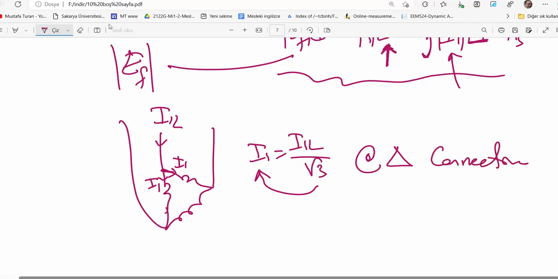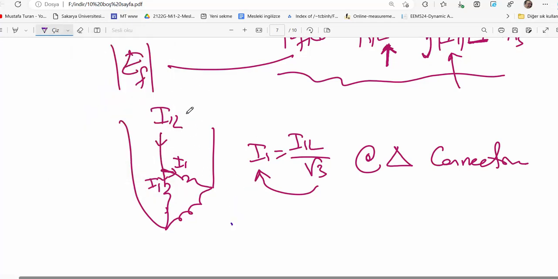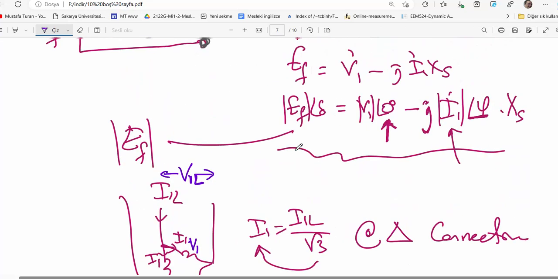In delta connection, you also know that the applied terminal voltage, line to line voltage, is directly equal to the single phase winding voltage. Again, it is valid for delta connection. Let's calculate this equation.